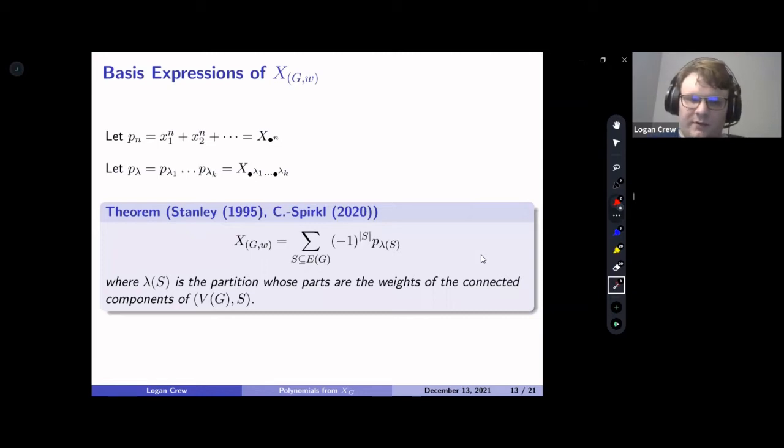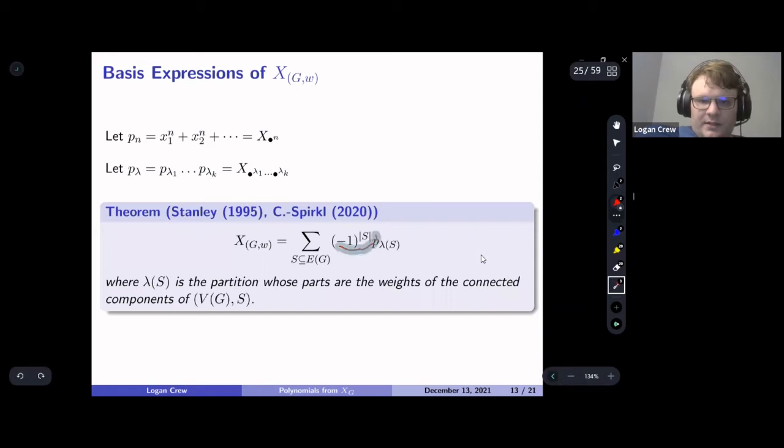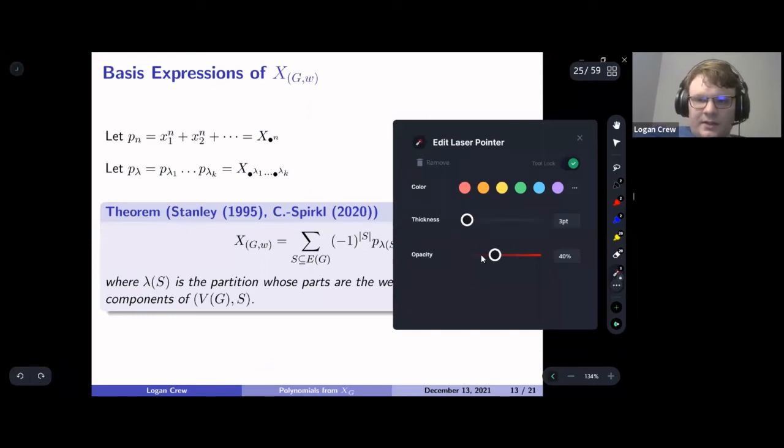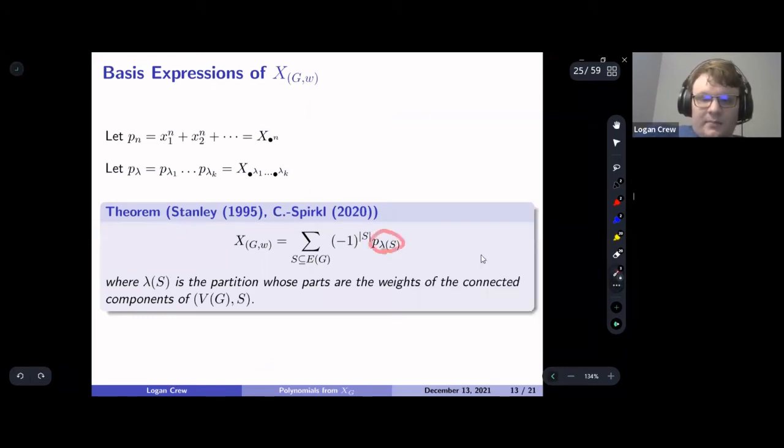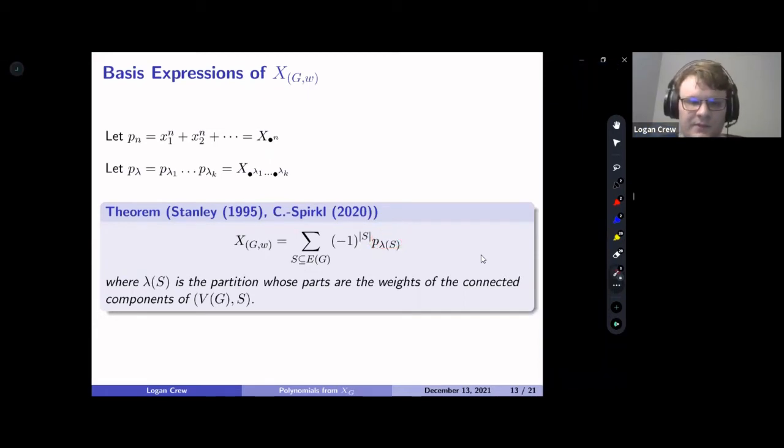We have a sum over all subsets of the edge set. We have a -1 to the number of edges, but instead of an n to the number of connected components, we are now getting a p sub the integer partition whose parts are the weights of the connected components. So we're distinguishing these connected components now by their total weight.